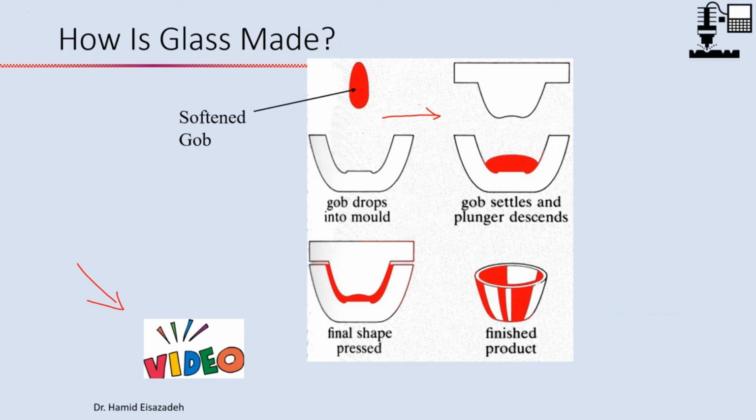Then it will be settled in the mold, and then the plunger, which has the desired shape, is going to descend after some time. When it's pressed, the molten glass or the gob will pick up the shape of the plunger. This is the finished product.